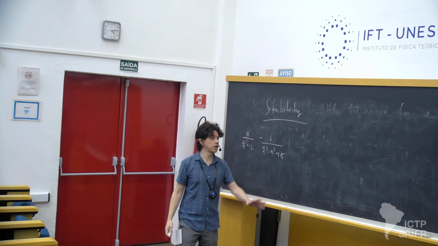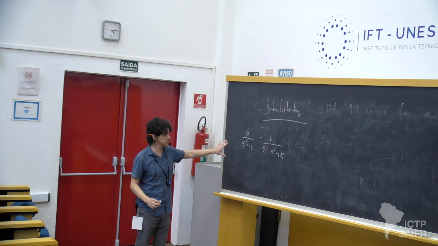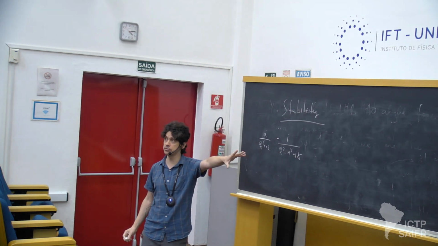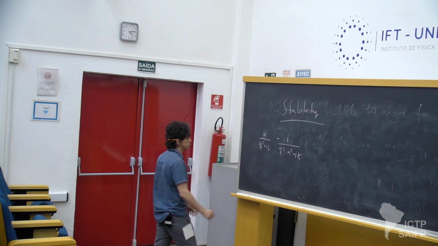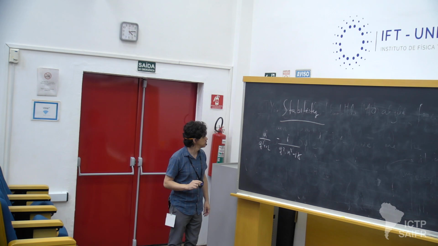Suppose again that you are in the narrow width approximation. So this approximate form is established once we have the modified Lehmann representation, right? So this guy here is approximately constant, small but constant.